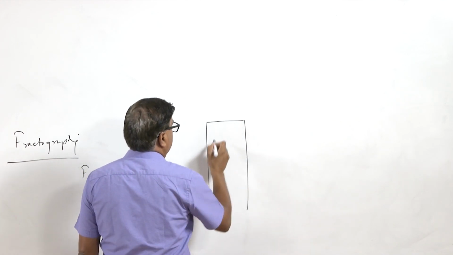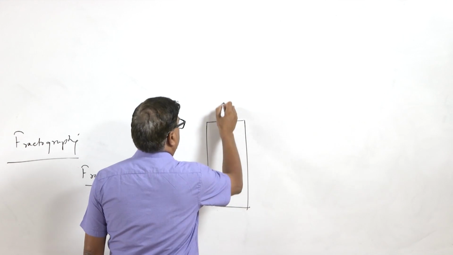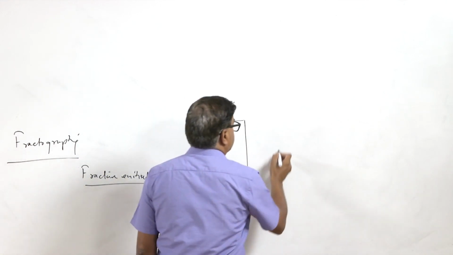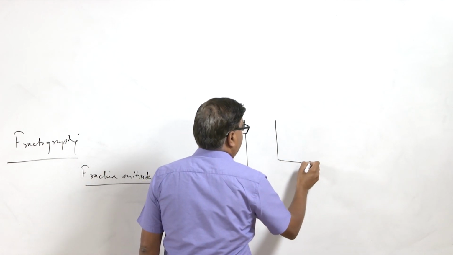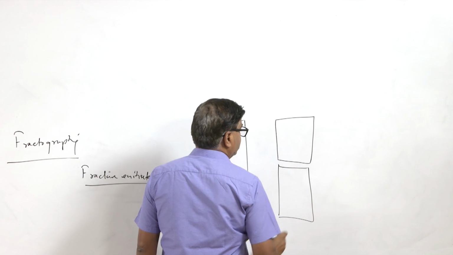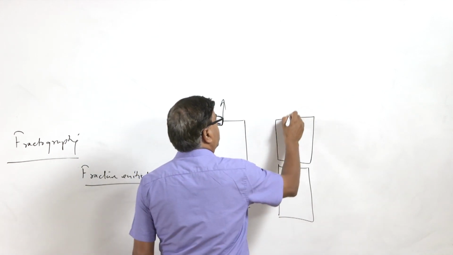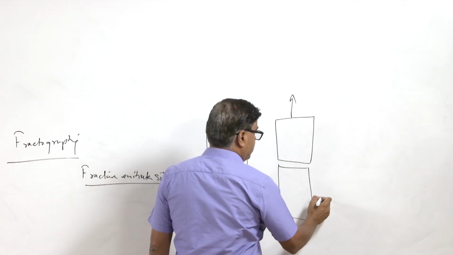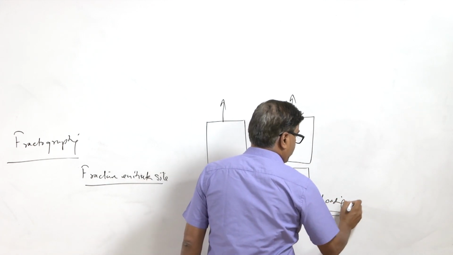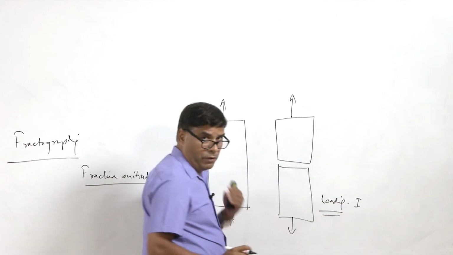Like, this is the component, and the fracture surface may fail like this. So, here this is the case of loading mode 1.